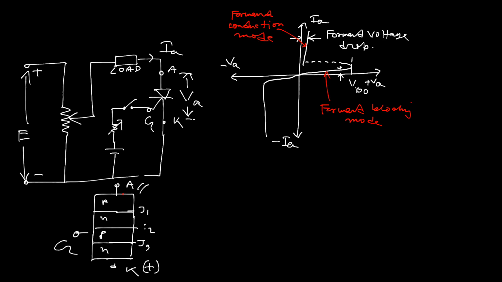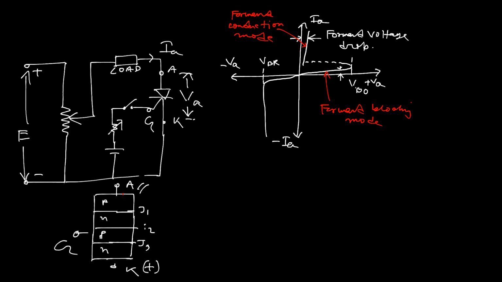That is why this is called the reverse blocking voltage, at which the avalanche can occur across the two junctions J1 and J3. This is called VBR, or the reverse breakover voltage, whereas VBO is the forward breakover voltage.